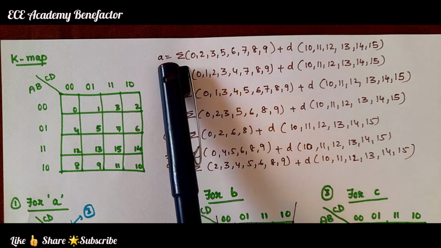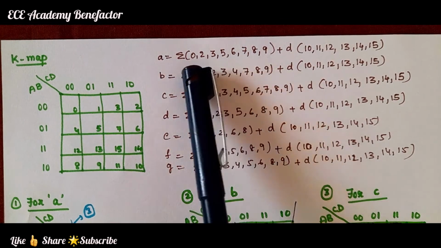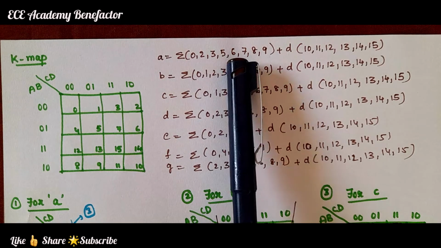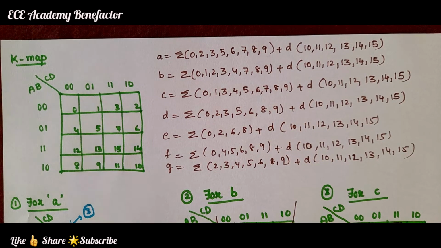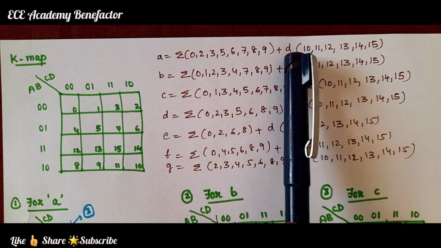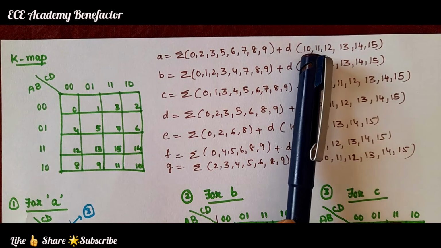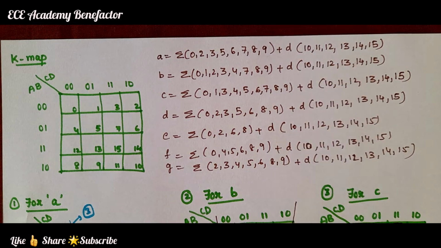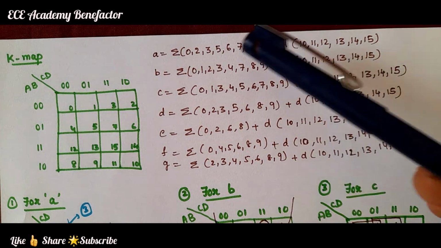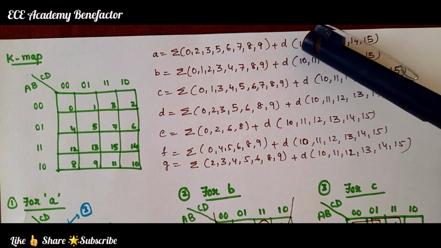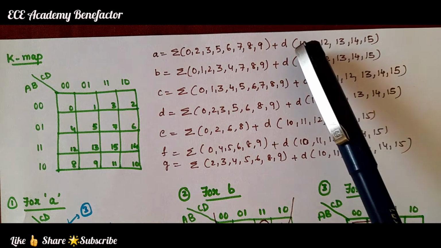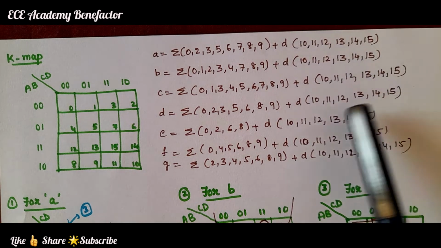So, here the list of min terms are given. For this we need to fill 1 in that particular cell number, and D means don't care condition, where we need to fill a cross sign or X sign. So, if you look from A to G, all are having don't care terms from 10 to 15.